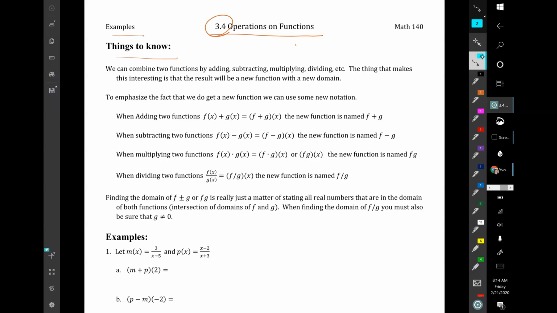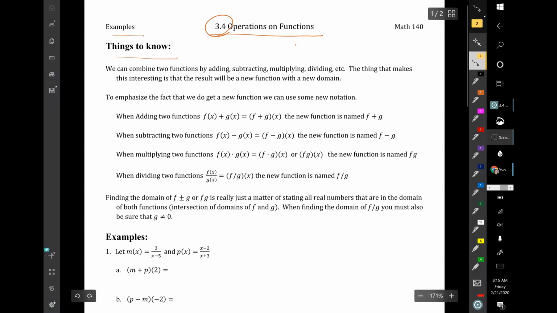So that's the big concern that we want to make sure that we have existing inputs that work to start with, and whatever the finished function ends up being also has a domain where inputs work into it. Because if we start with something undefined, it's meaningless to the new function.